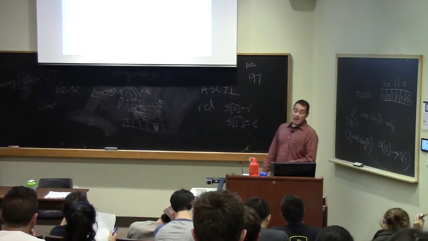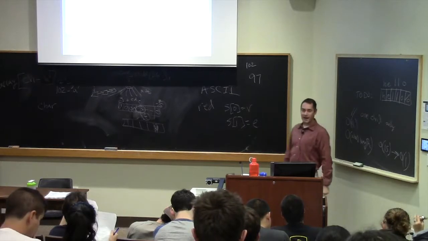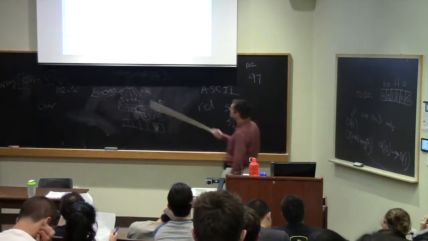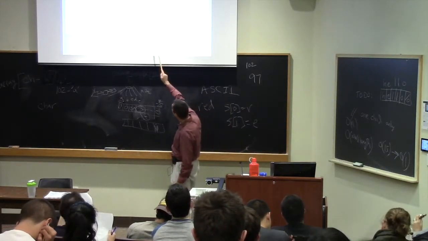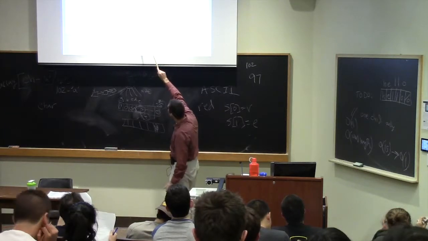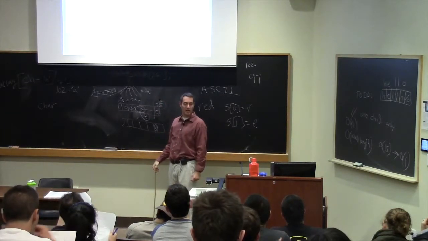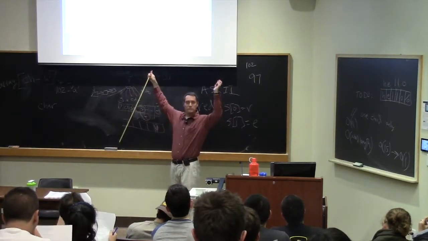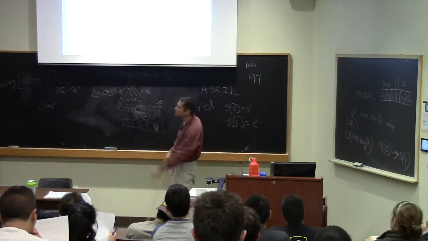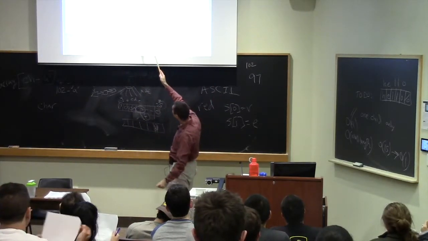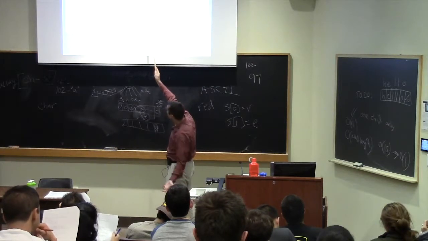Insert item. How do we actually insert item? Well, it's really easy if it's an array that's unordered. Where do you put it? At the end, right? So easy. You put it at the end. And how do you do that? First, you expand if you need to.